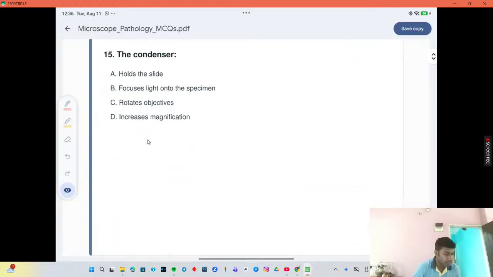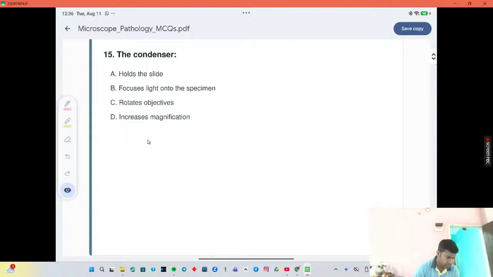So here the question is given as what is the role of the condenser in a microscope? Can you please answer me this question? What is the role of the condenser in a microscope?